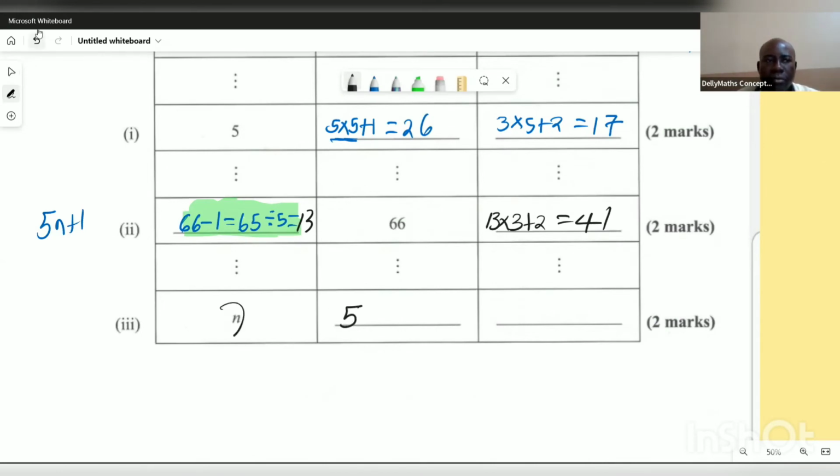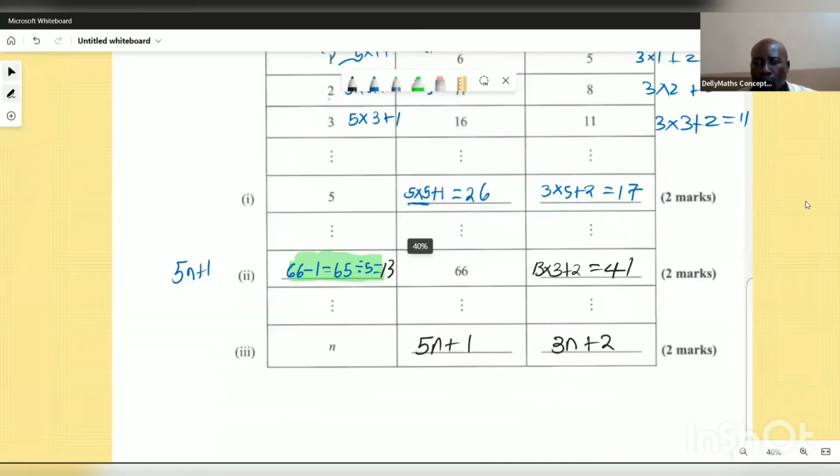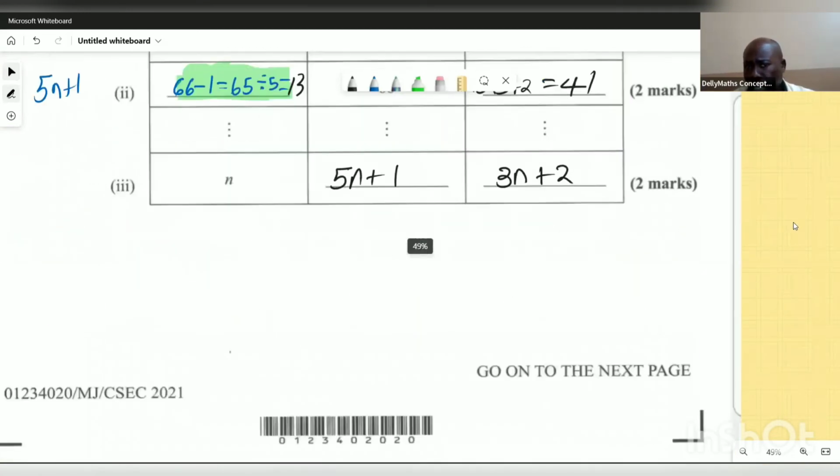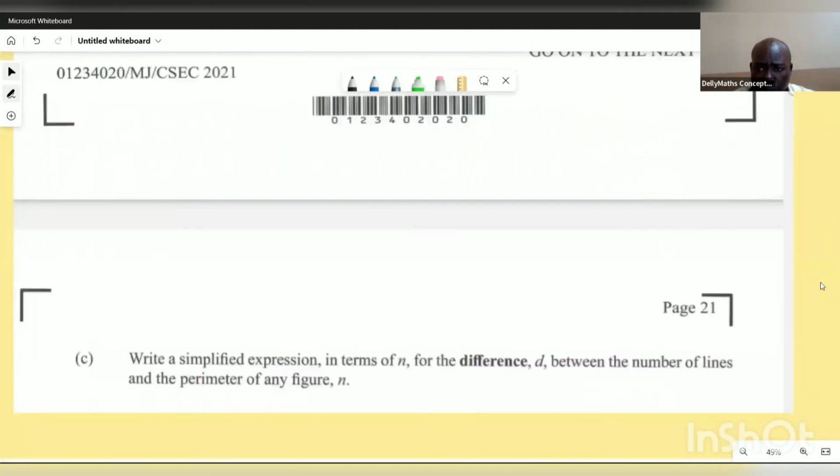So 5 times n plus 1. So we call that 5n plus 1. And for this spot here, it's 3 times n plus 2. And we would have completed the table there. For these, one has to actually just look at the patterns, and then you produce yours from it. It does not get harder.